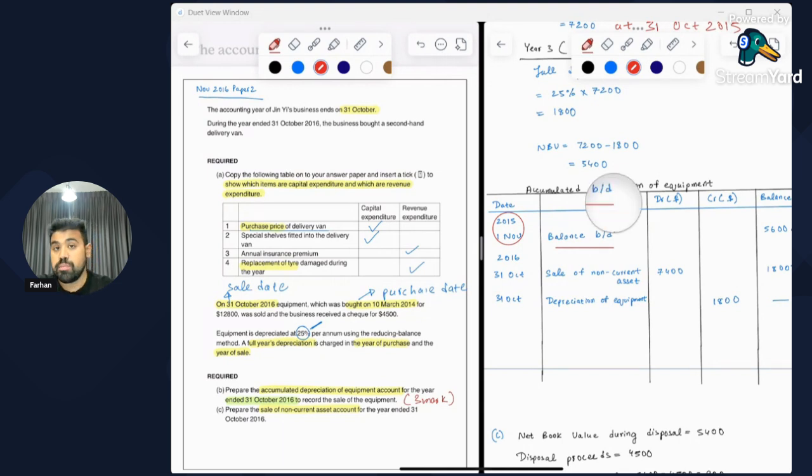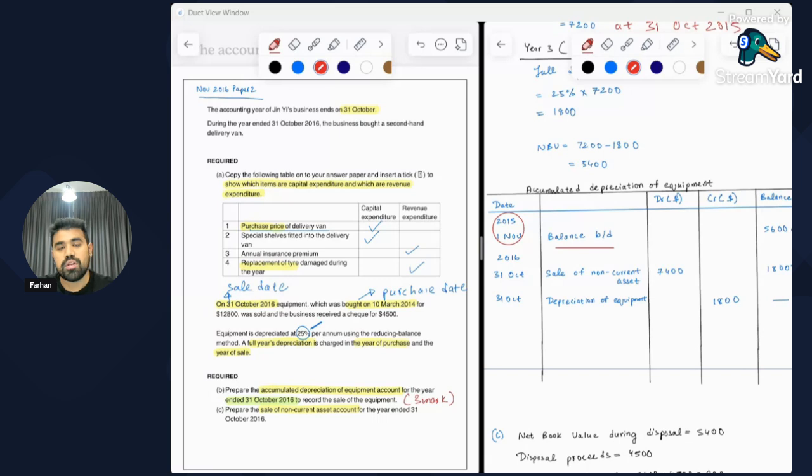Accumulated depreciation of equipment is by default a contra asset account, which always should have a credit opening balance. So what do we understand by a contra asset account? A contra asset account records the reduction in a relevant non-current asset, which in this case is the equipment. The equipment at cost account in itself is a debit account because it's an asset account.